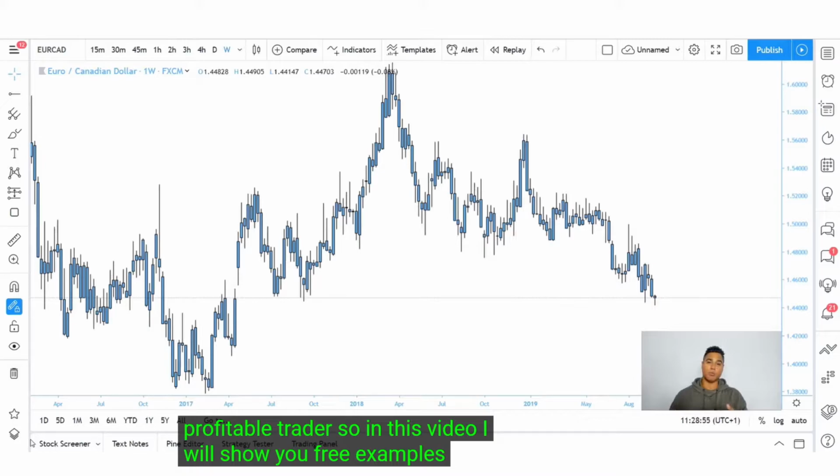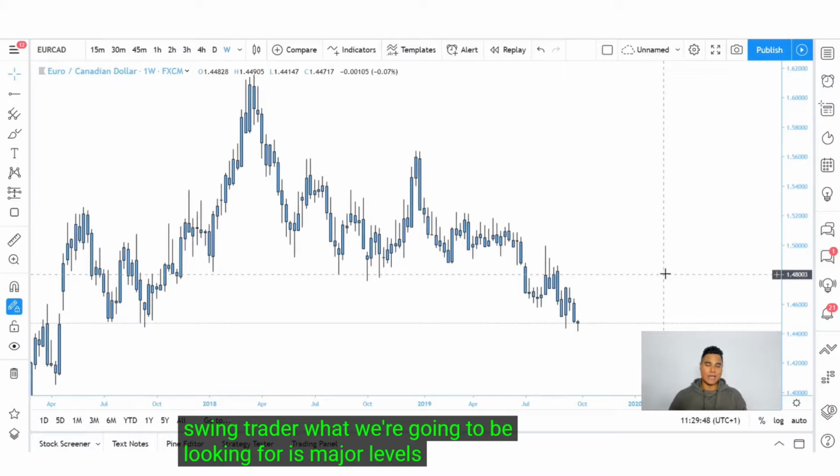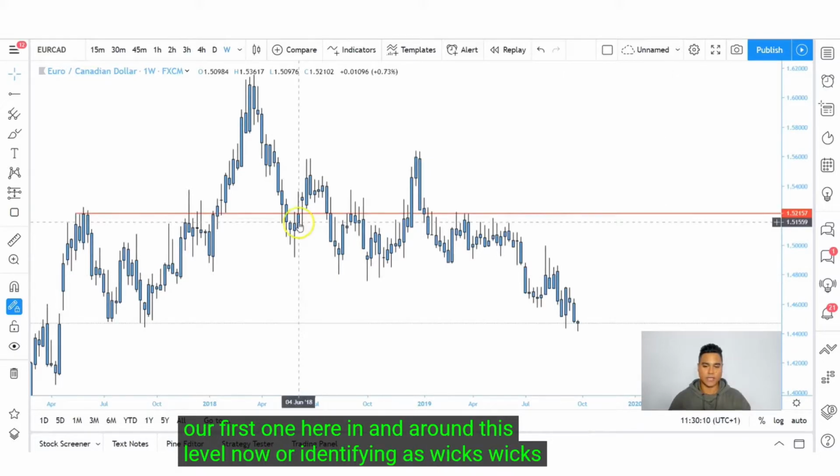On the weekly time frame, as a swing trader, what we're going to be looking for is major levels in the market where price is reacting to the most. So let's drop them in. Let's pop our first one in and around this level. What we're identifying is wicks, wicks, wicks.